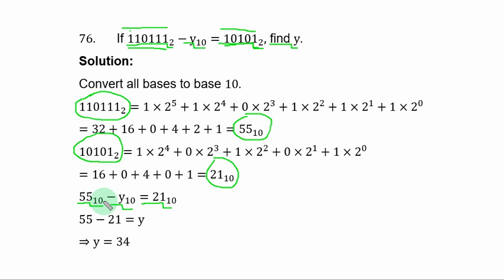You collect equation, so transfer minus y to the right hand side, it becomes positive, and you transfer plus 21 to the left hand side, it becomes negative. So you have 55 minus 21 equal to y, and therefore y is equal to 34.